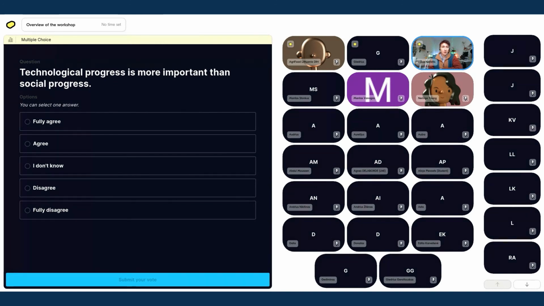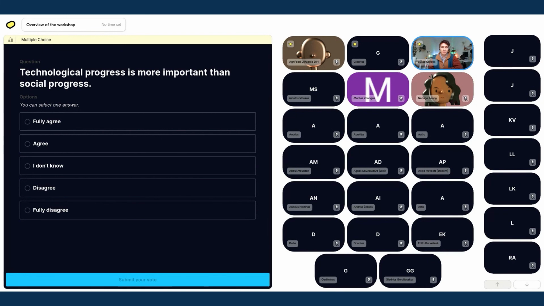Technological progress is more important than social progress. If you can remember what you said before, let's vote on what we think it is. We are not going to hold you much longer.